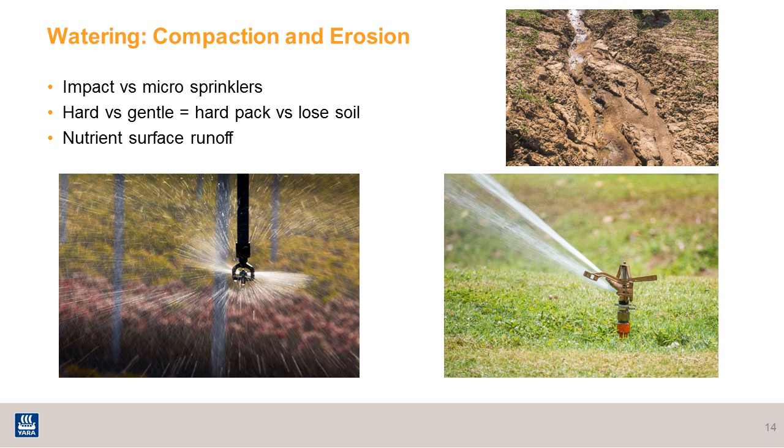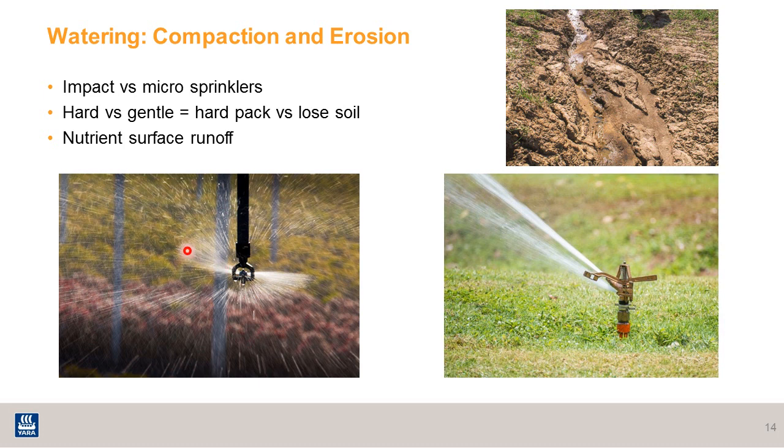The way the water is delivered to the soil in an orchard can make an impact on how the trees take up calcium and other nutrients. Traditionally, orchardists would use this impact sprinkler. The impact sprinkler shoots out this big stream of water. That big stream of water will land hard onto the soil and cause it to compact over time. That compact soil, or hard packed soil, makes it hard for the roots to breathe or pick up nutrients from the soil.